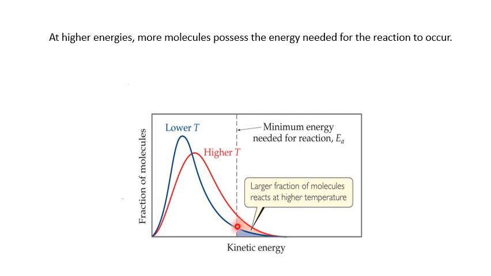Thus more molecules react and the overall reaction rate increases. You can notice that more molecules are now to the right of the activation energy. The reaction rate will increase because we have more effective collisions happening at higher temperature, so more molecules will have effective collisions.